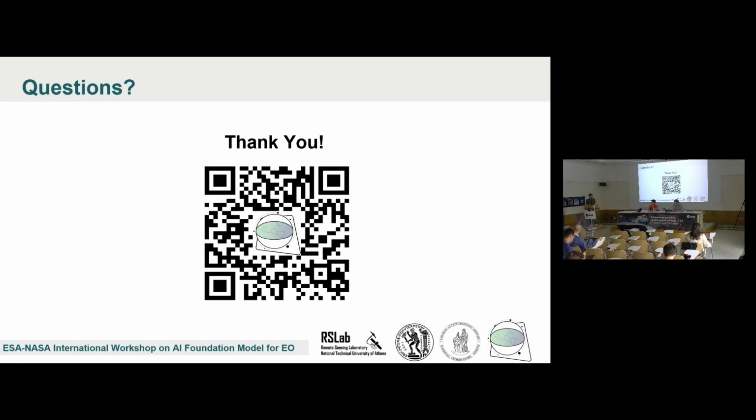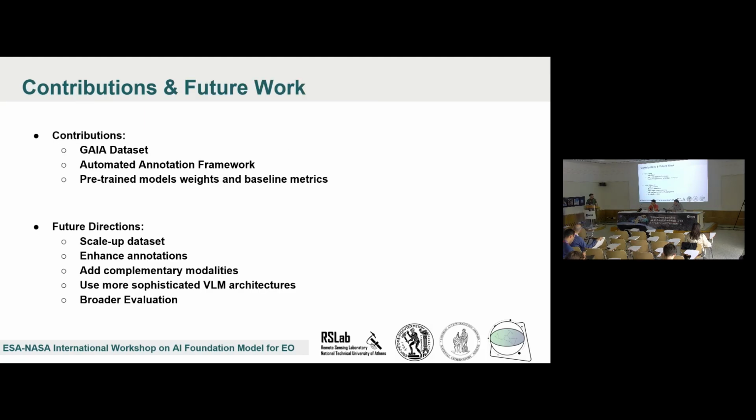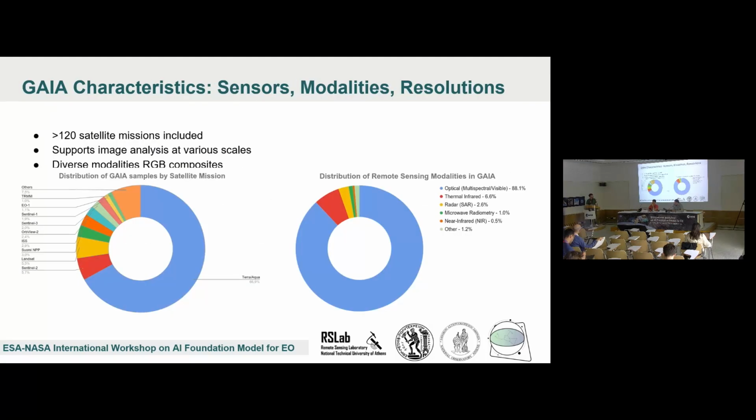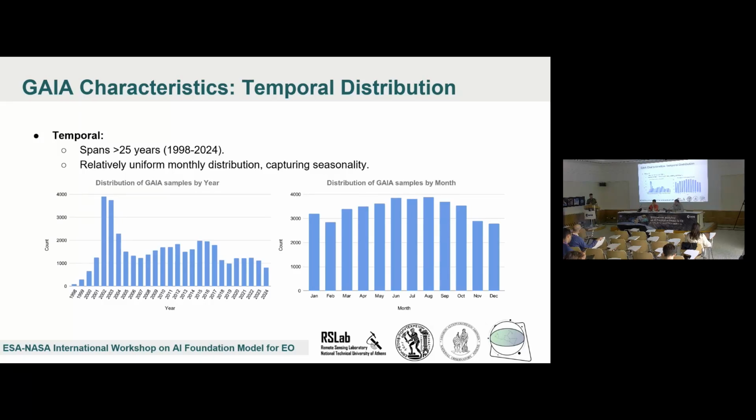Okay, so if I could move back a little bit. Okay, so we have used specific tiles. We used GeoHash in order to provide for the same area in the globe enough samples covering both the temporal and the spatial aspect of this tile.